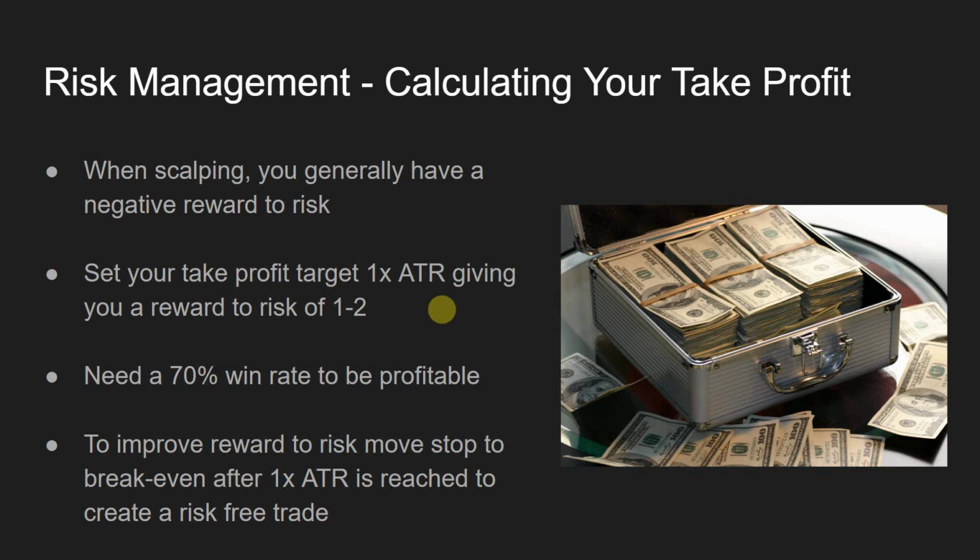But when it's made your 1 ATR, you don't actually set a take profit target. You wait until it goes, let's say for example, 10 pips in your favor, which is 1x the ATR. What you then do is move your stop to break even, giving you a risk-free trade. And if price then continues to go further in the direction that you're trading, just keep moving your stop loss behind price and trail it, and eventually get stopped out by price retracing and hitting your stop loss.